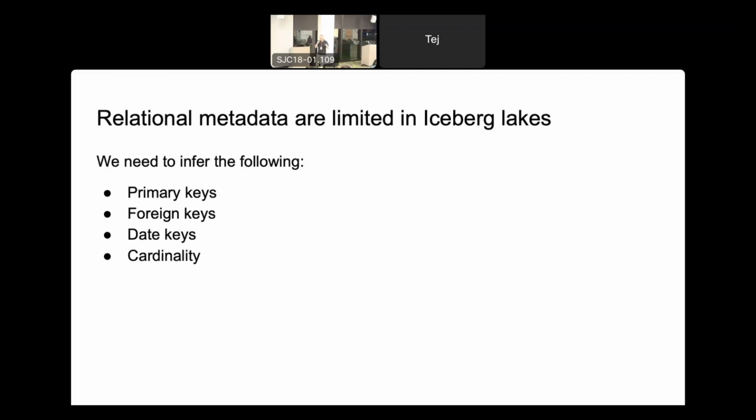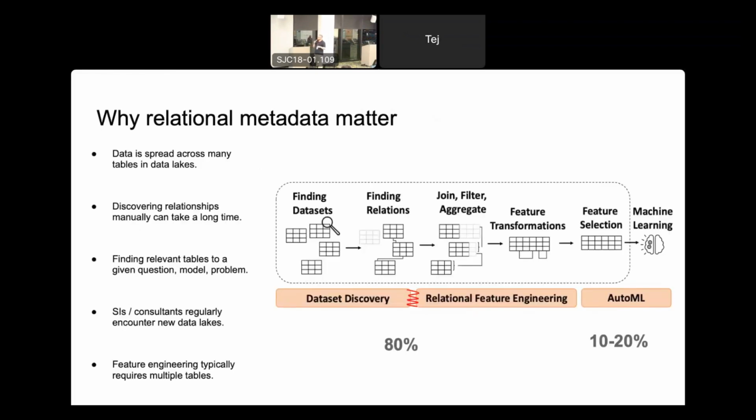And then cardinality, right? One to many, many to many, one to one, et cetera. So all these metadata are required for robust analytics and ML and classical ML, but they're not available in modern data lakes, specifically Iceberg, out of the box.